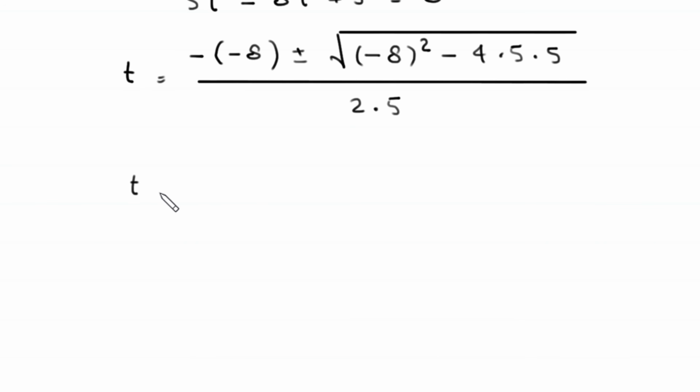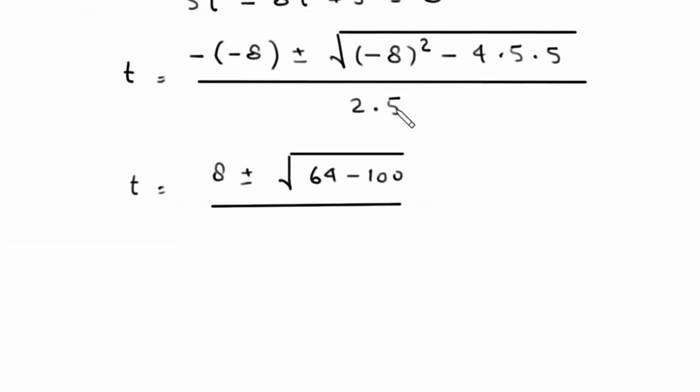Next, t is equal to negative times negative 8, which will become positive 8, plus or minus the square root of negative 8 squared is 64, and negative 4 times 5 times 5 is negative 100, divided by this 2 times 5, which will become 10.